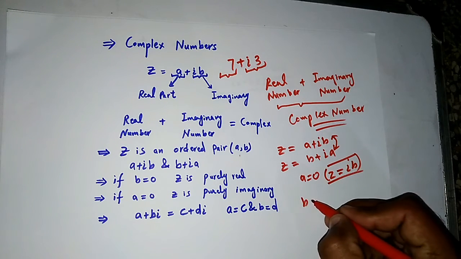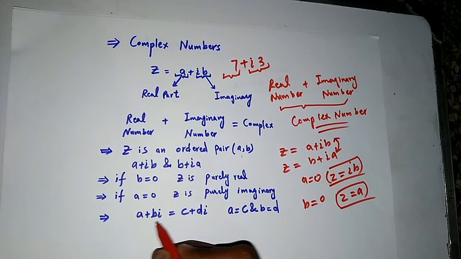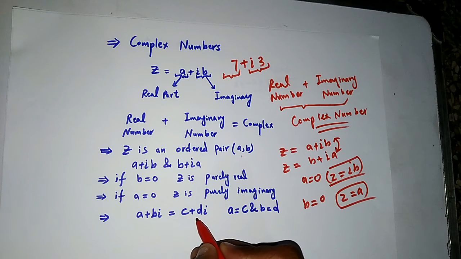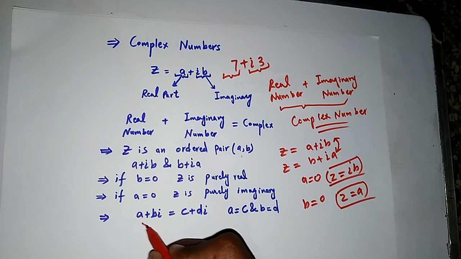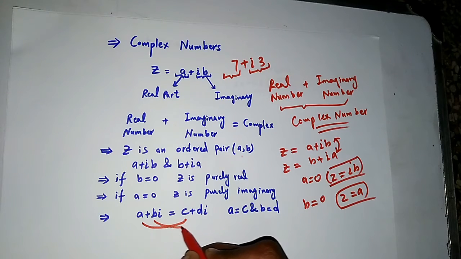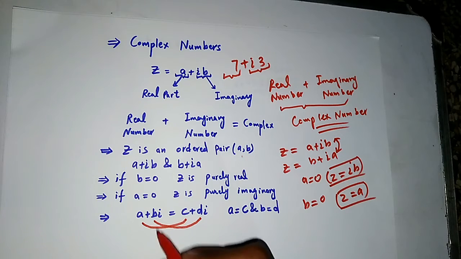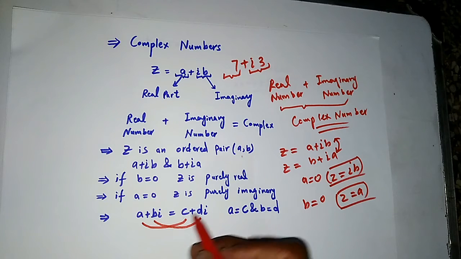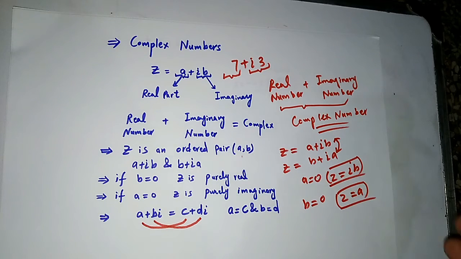And a plus bi could be equal to c plus di only if a is equal to c and b is equal to d. If a is not equal to c or b is not equal to d, then a plus bi can never be equal to c plus di.